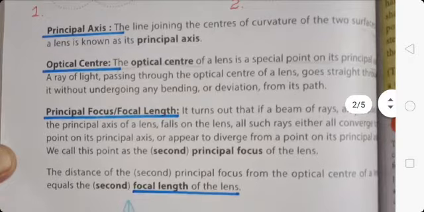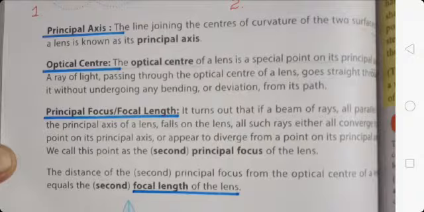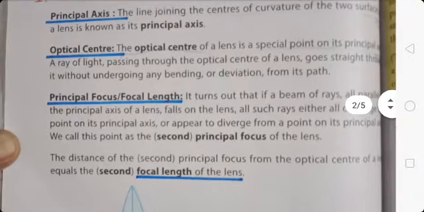So it turns out that if a beam of rays all parallel to the principal axis of a lens falls on the lens, all such rays either converge to a point on its principal axis or appear to diverge from a point on its principal axis.